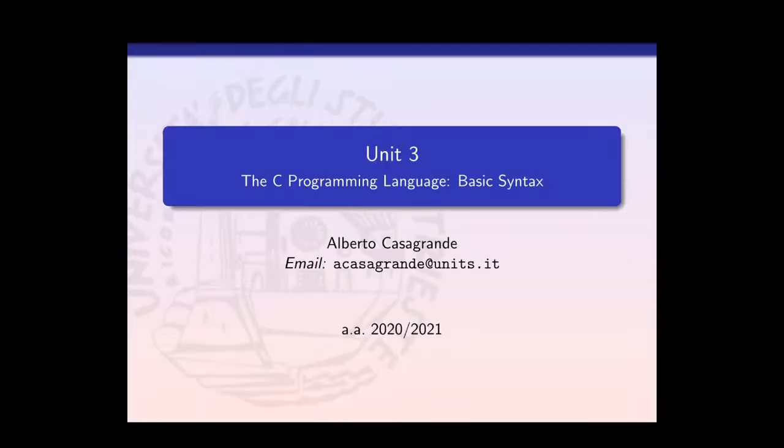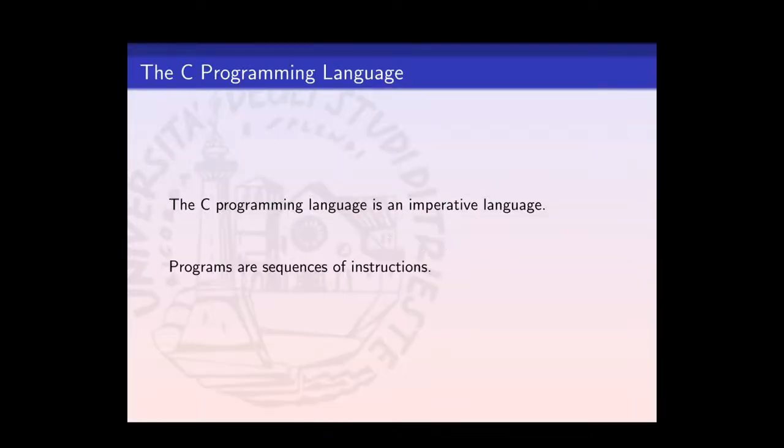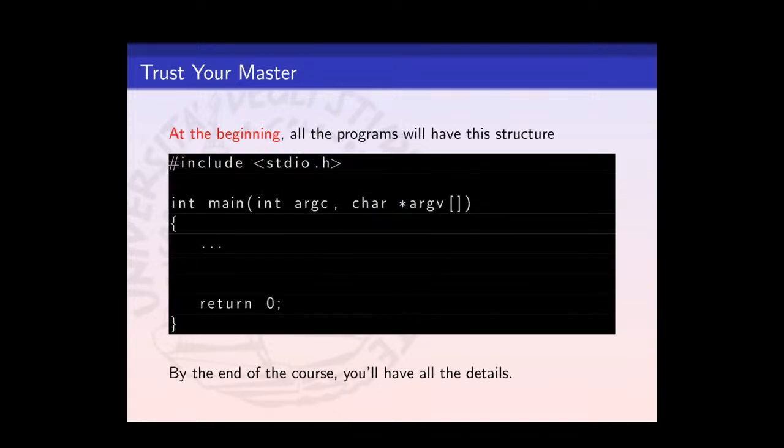So finally, let's move to the programming stuff. As I already said, the C programming language is an imperative language, meaning that all the programs in C are sequences of instructions, or commands, if you prefer. At the beginning of this part of the course, all the programs will have this structure. This is a template, let's say, for all the programs we are going to write.